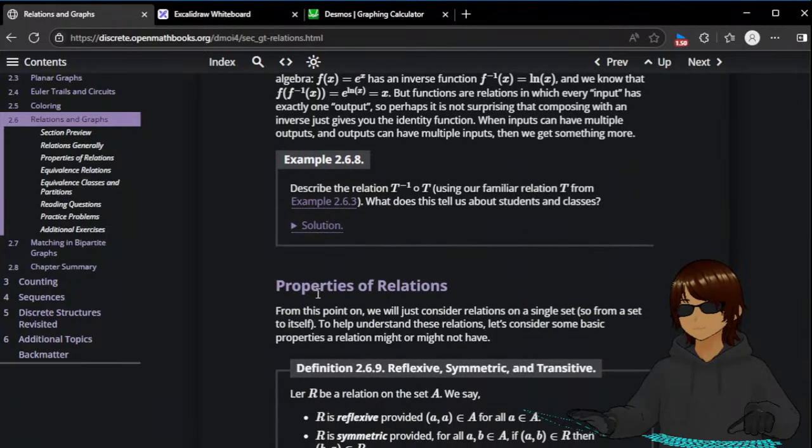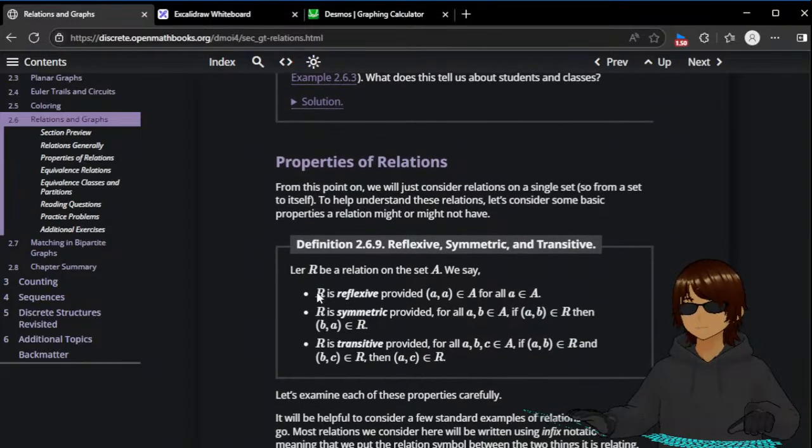Properties of relations. From this point on, we will consider relations on a single set. To help understand these relations, let's consider some basic properties a relation might or might not have.